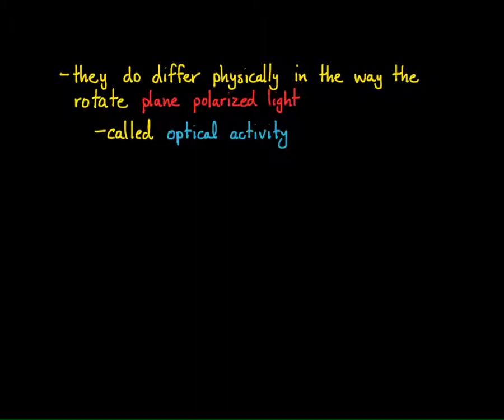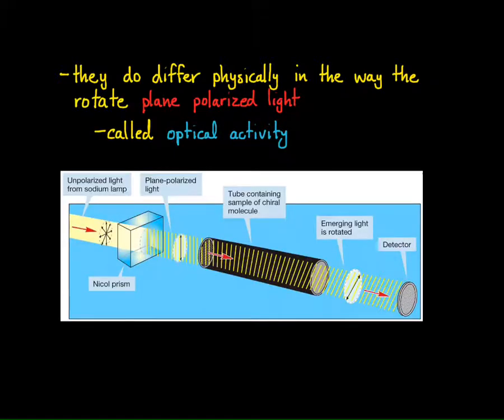What is plane polarized light? Well, here is a diagram that kind of demonstrates that. Obviously, light we can think of as a wave, right? We can think of light as a particle or a wave. In this case, we're thinking of it as a wave. And that wave is traveling in all different directions. We say it's unpolarized.